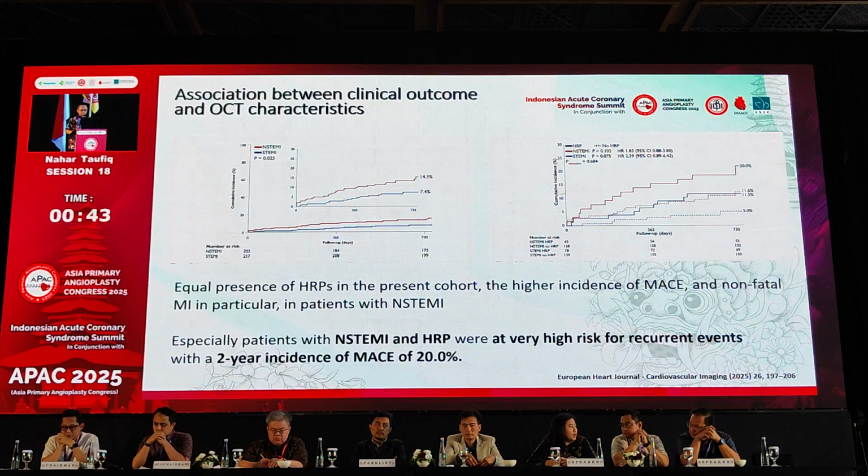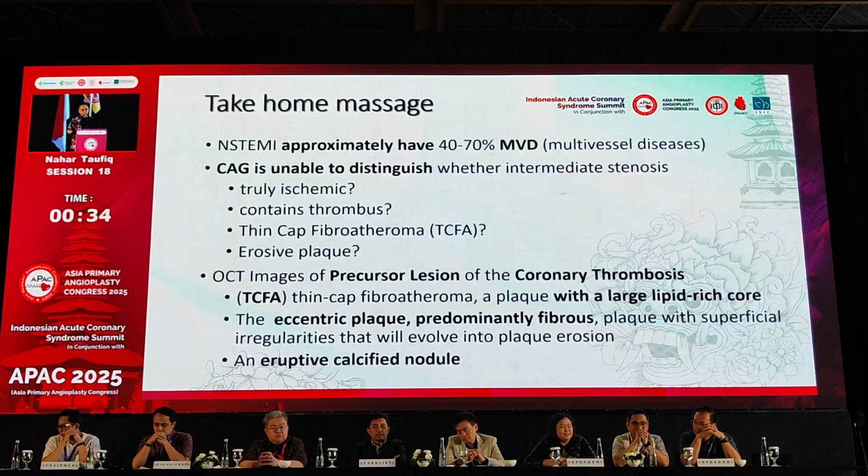particularly in patients with STEMI, and especially patients with STEMI and high-risk plaque were at very high risk for recurrent events, with a 2-year incidence of MACE of around 20%.